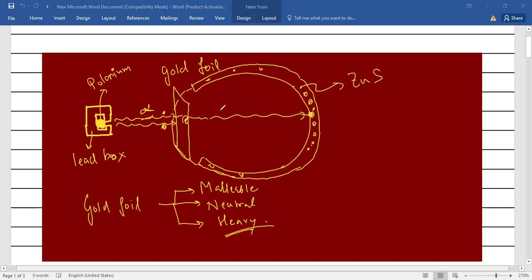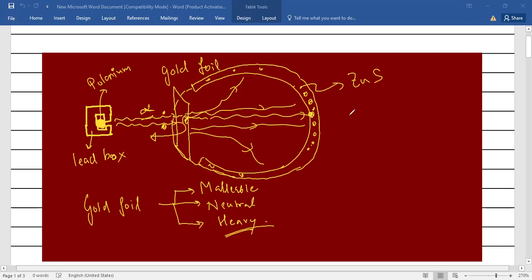So what are the observations? Most of the alpha particles pass through the gold foil, some alpha particles got scattered, and few alpha particles got a 180-degree bounce.